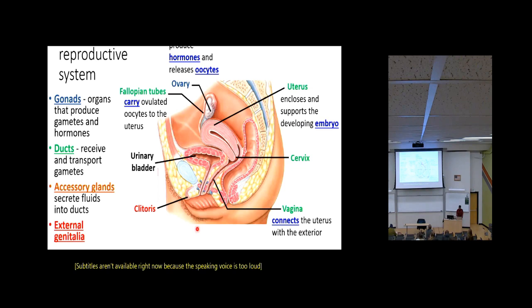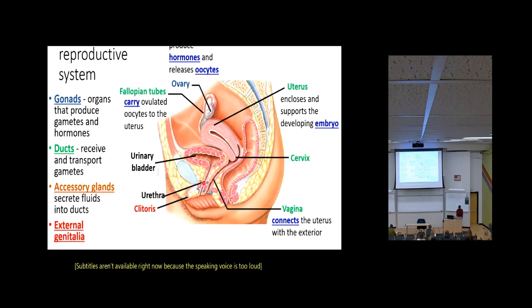And immediately superior to the clitoris, you have the urinary bladder, and above that we have the uterus. And because of the positioning of the uterus right above the urinary bladder, as the pregnancy progresses, the uterus will put pressure on the urinary bladder, and that's why pregnant women often feel the need to urinate.